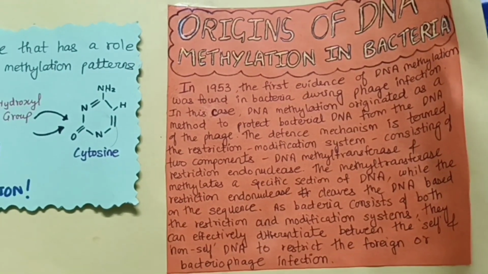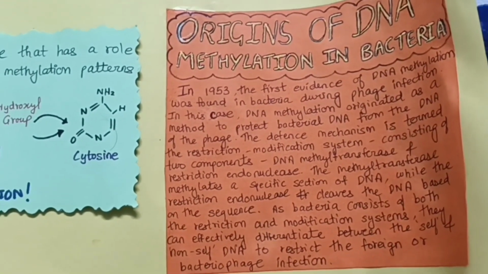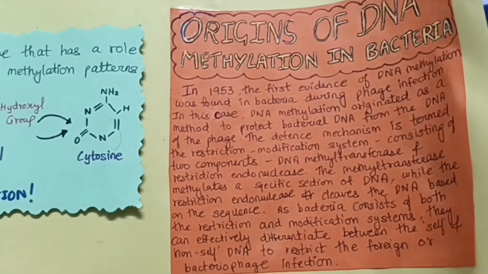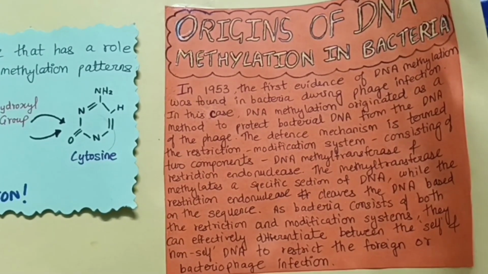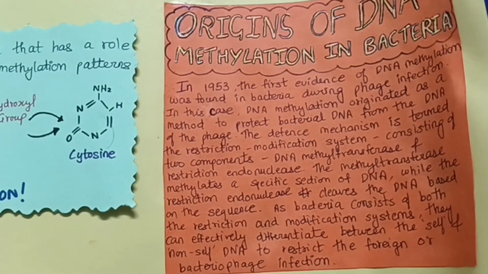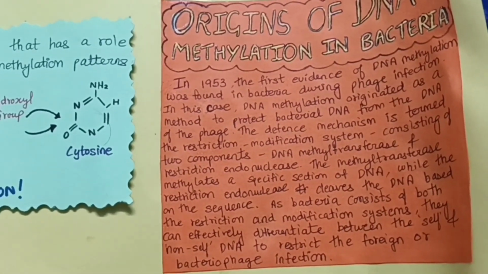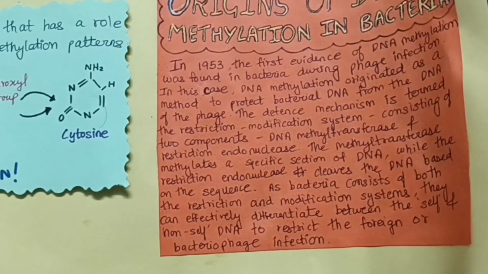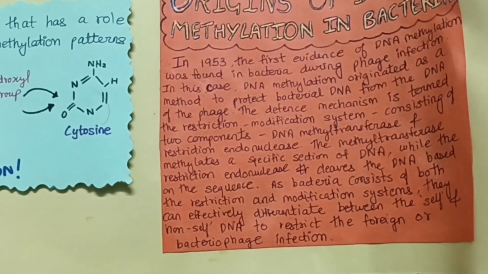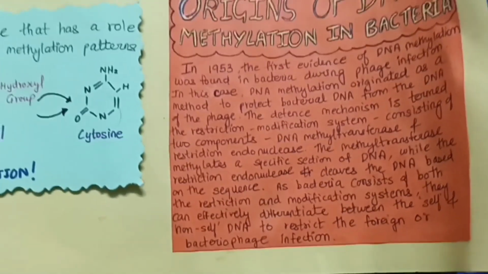So, first, the methyltransferase methylates a specific section of DNA, while the restriction endonuclease cleaves the DNA based on the sequence. And as the bacteria consist of both the restriction and modification systems, they can effectively differentiate between self and non-self DNA to restrict the foreign or bacteriophage infection.